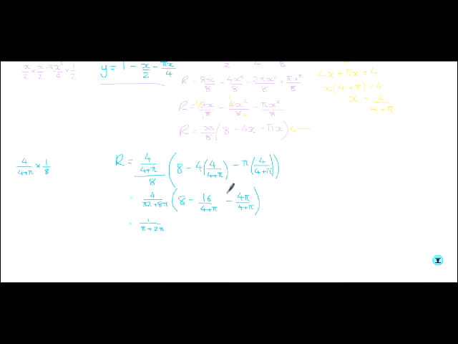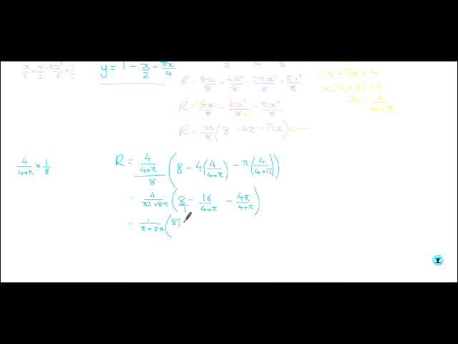Okay. These have the same denominator, so this is what I'm tempted to do: make that the same denominator. So if I times it by, because at the moment it's a 1, let's times it by 4 plus pi.